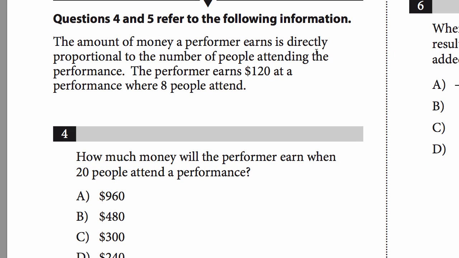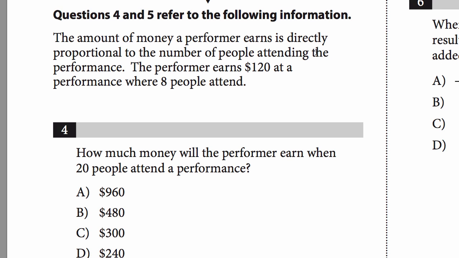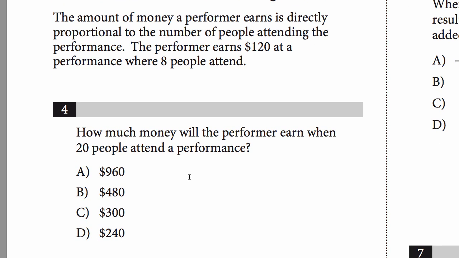All right. The amount of money a performer earns is directly proportional to the number of people attending the performance. The performer earns 120 at a performance where 8 people attend. How much money will the performer earn when 20 people attend the performance? Again, this is another just set up a proportion question. So you could literally write 120 bucks for 8 people. How much is he making?